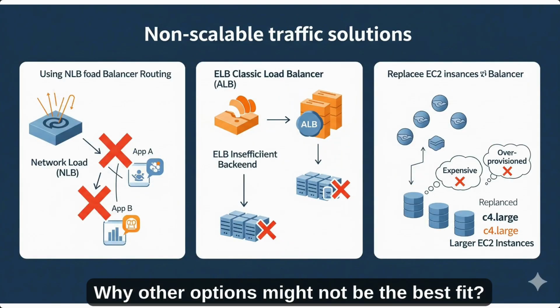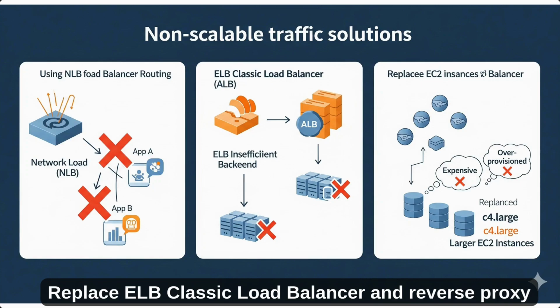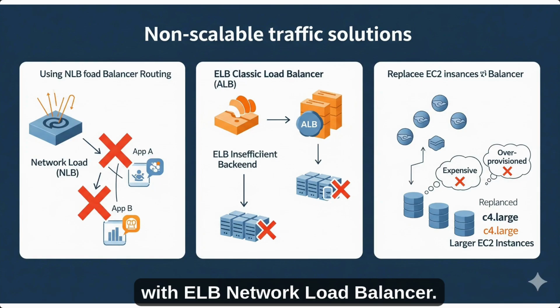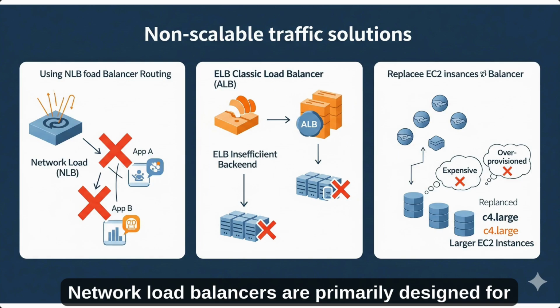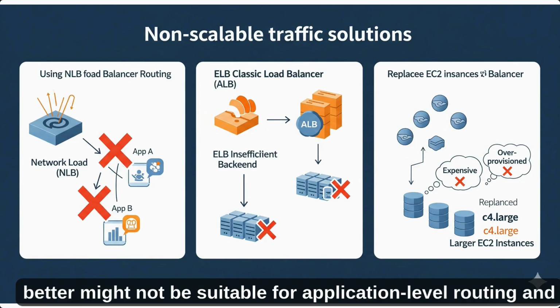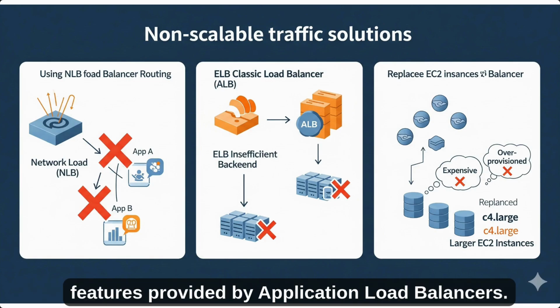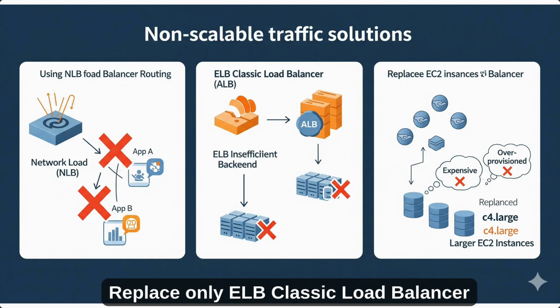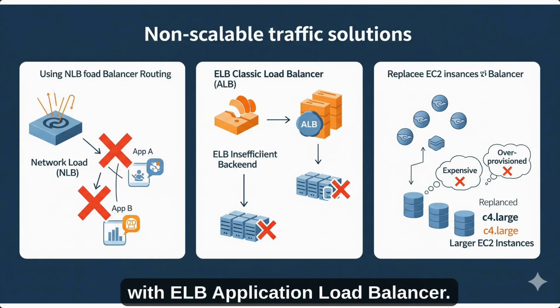Why other options might not be the best fit? Replace ELB Classic Load Balancer and reverse proxy with ELB Network Load Balancer. Network load balancers are primarily designed for Layer 4, TCP, UDP traffic. While they offer high performance, they might not be suitable for application-level routing and features provided by application load balancers. Replace only ELB Classic Load Balancer with ELB Application Load Balancer.